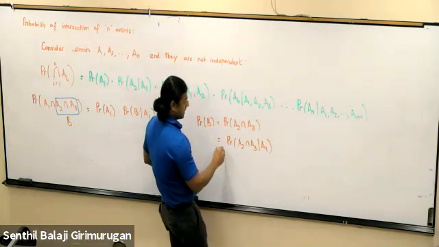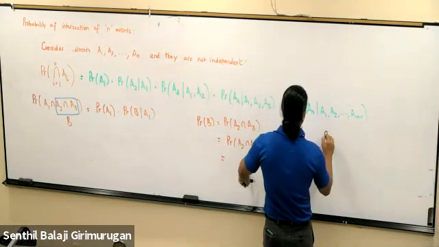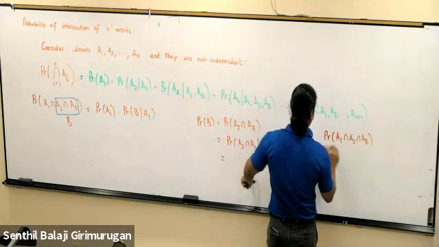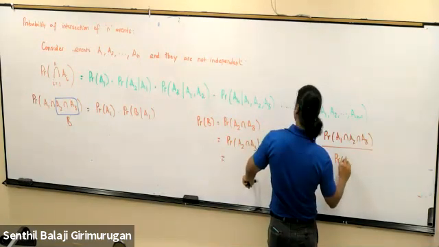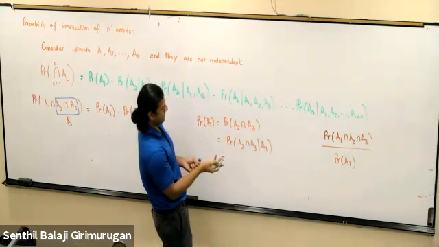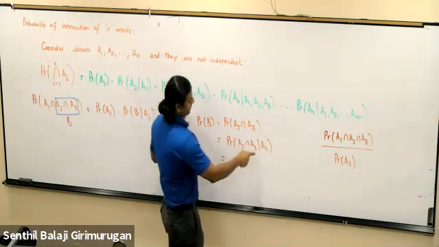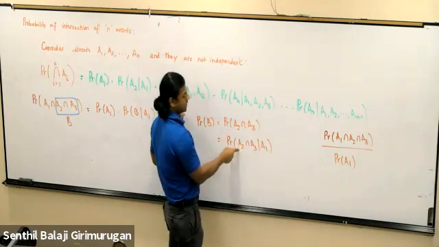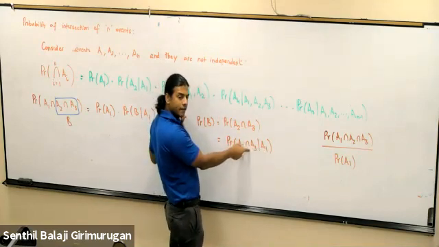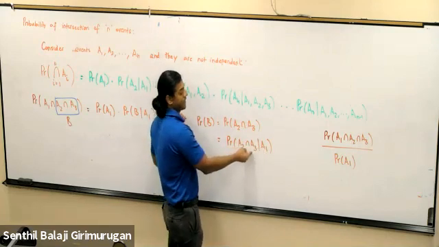So this would equal, how do we do that? Probability of A1 intersect A2 intersect A3 divided by probability of A1, right? You can switch the order. Let's see, how do we do this? So when we condition on A2 intersect A3, that conditioning will apply to A2 as well as A3, because this is the evidence we are bringing into A2 and A3.